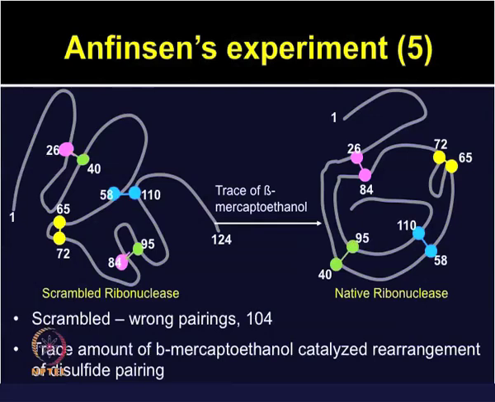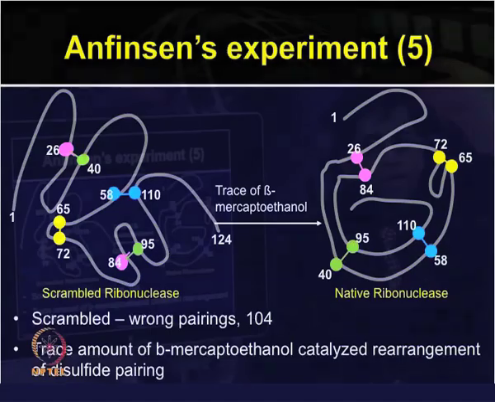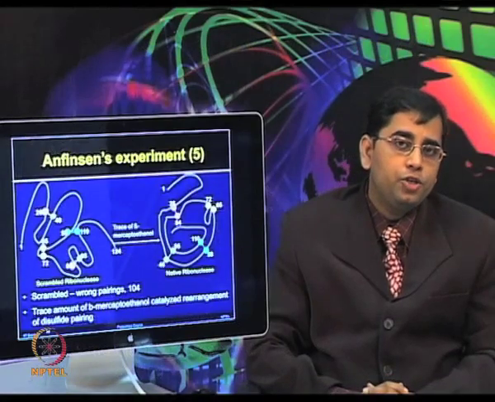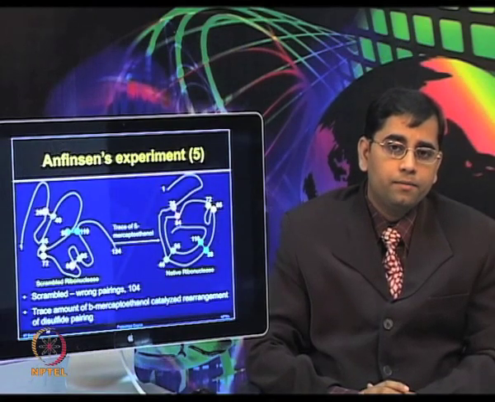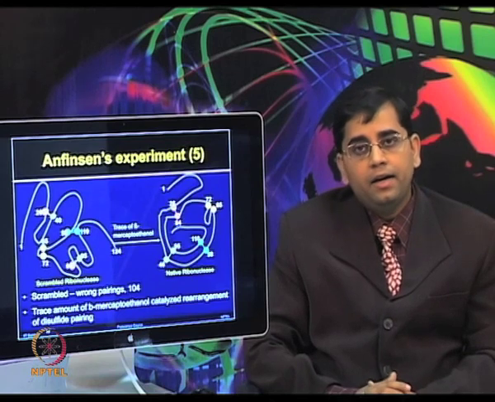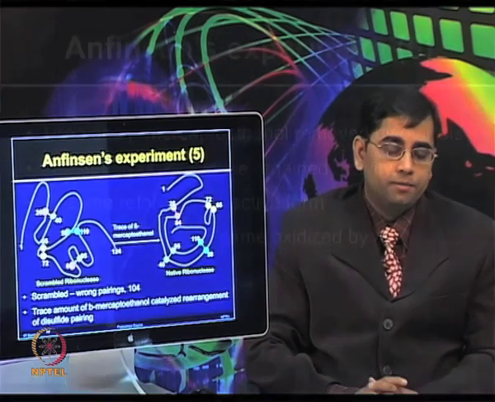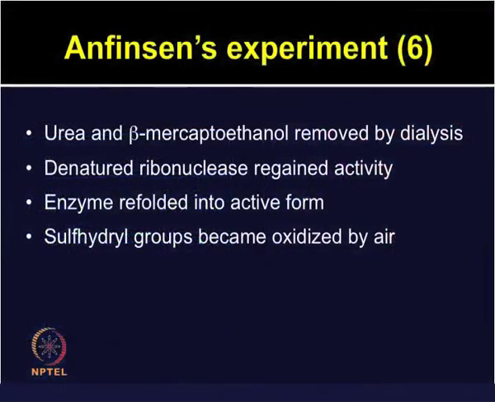The random distribution of disulfide bonds was obtained when denaturants were used, as you can see in the scrambled state, which indicates that weak bonding interactions were required for the correct positioning of disulfide bonds to achieve the native conformation.